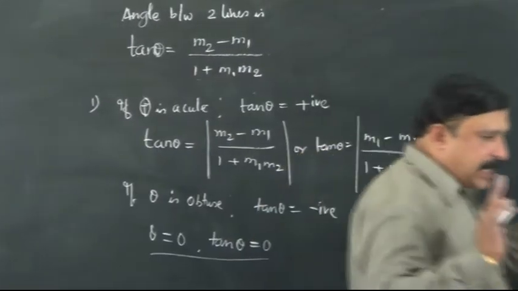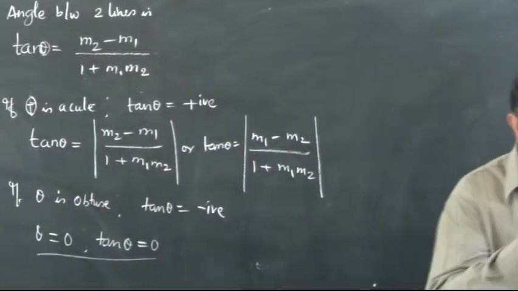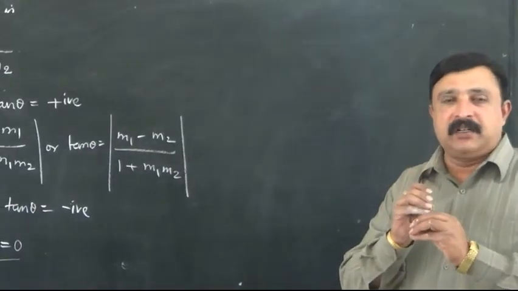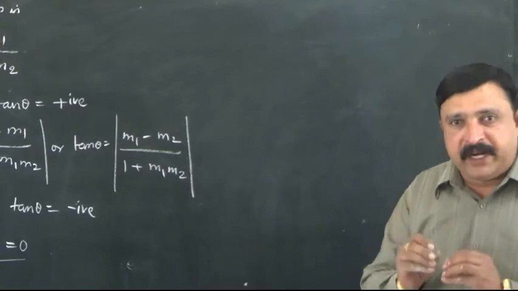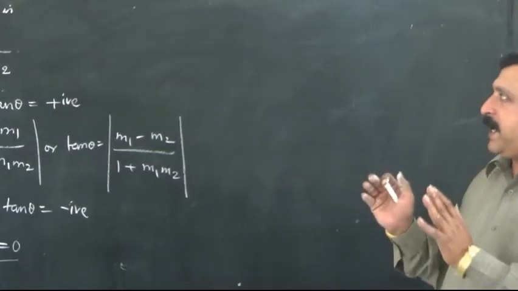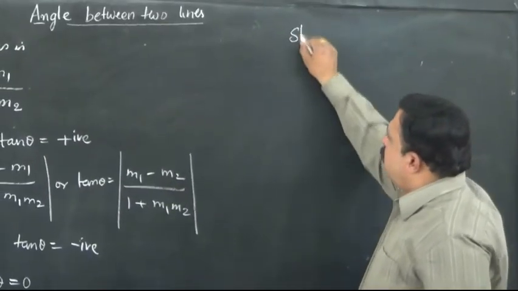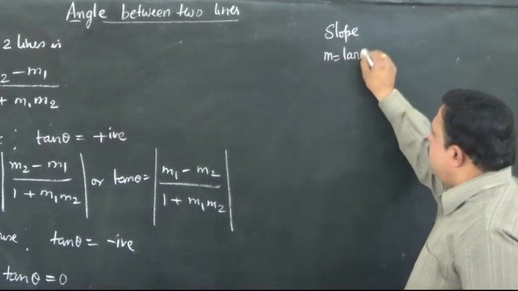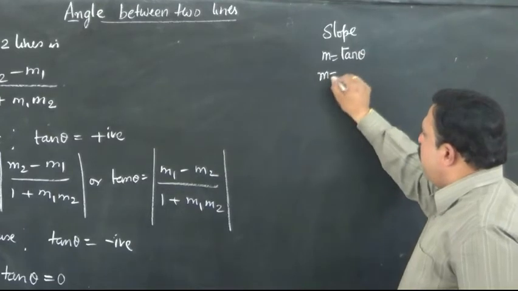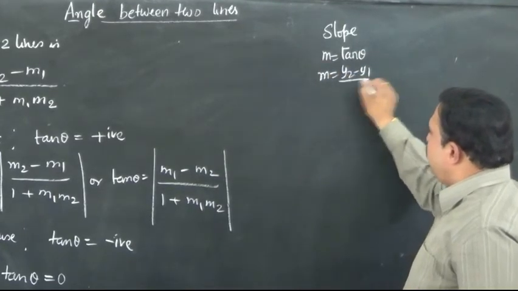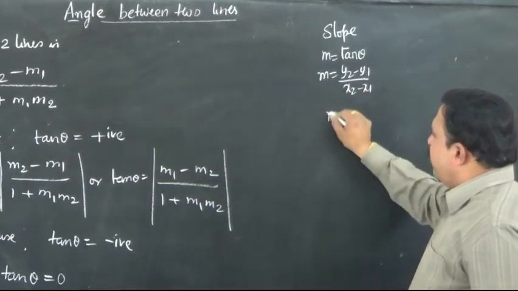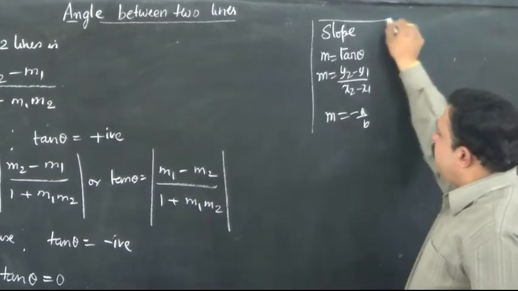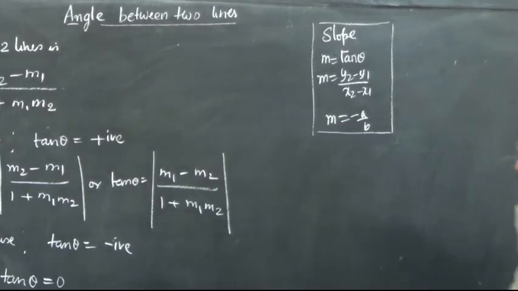So with this much knowledge about slopes and the angle between two lines, I just give you a quick reminder. Slope is given by three formulas: m equals tan theta, the trigonometric ratio; m equals y2 minus y1 divided by x2 minus x1; or m equals minus a by b. These are the three formulas for the slope which we have already learned in the last class.